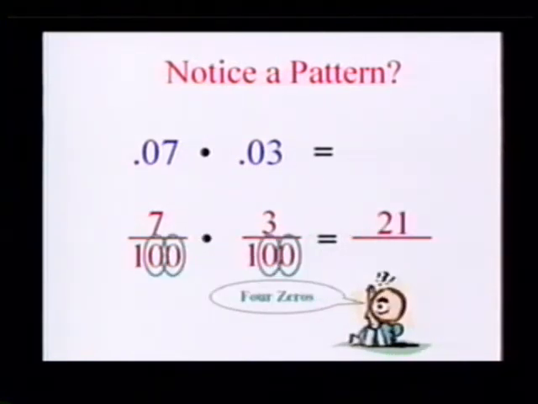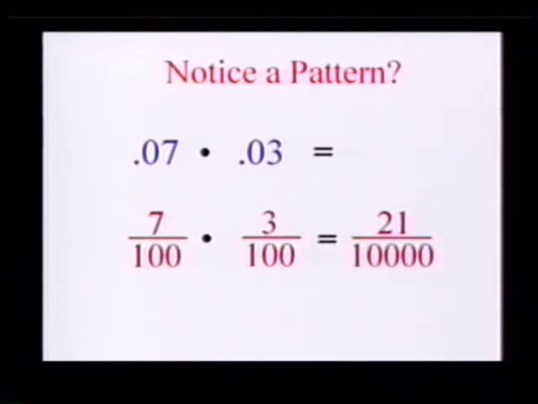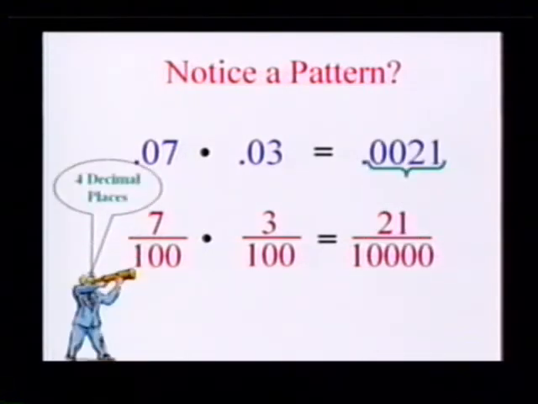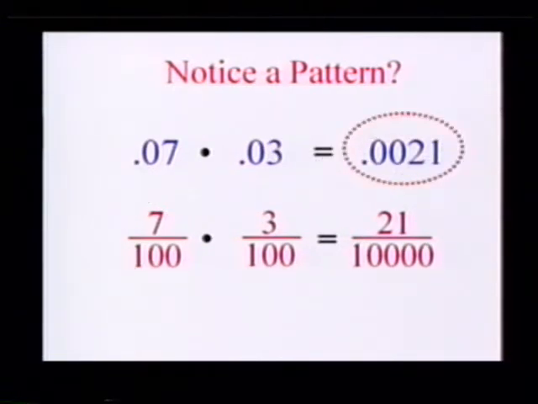Oh yeah, 4 again. 21/10,000ths. Now how do you write that? 21/10,000ths. Uh-oh, wait a minute, there's that number 4 again. Now you've got to notice a pattern.